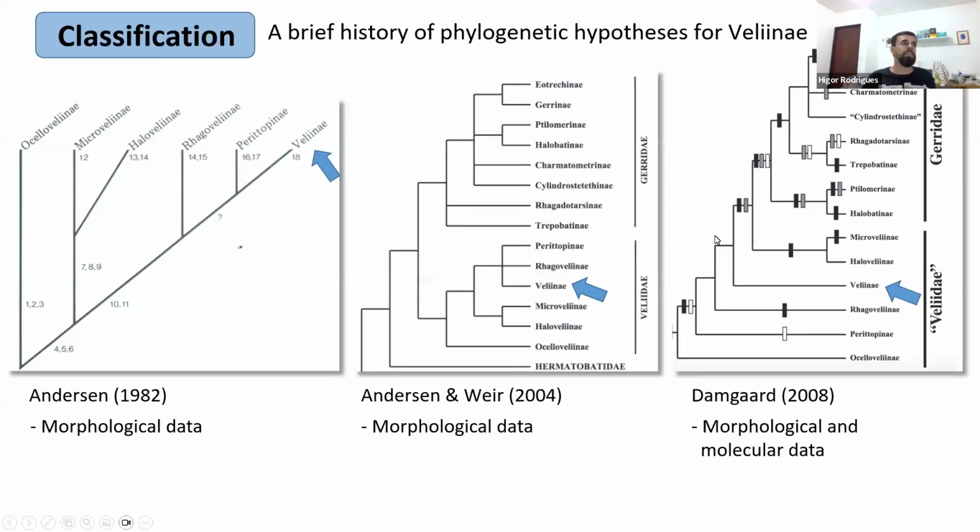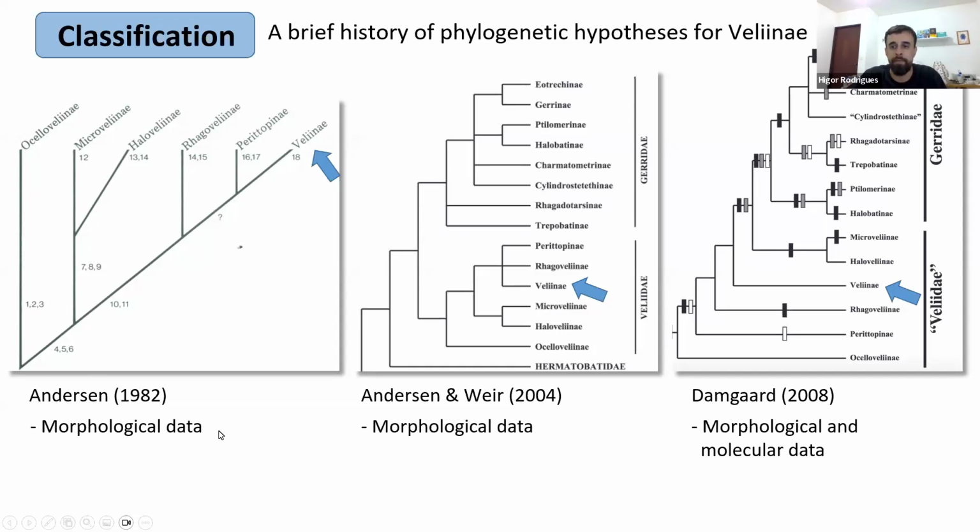Here I present a brief history of the phylogenetic hypotheses for the subfamily Veliinae. I begin with the classic study by Anderson from 1982, who proposed a hypothesis based on morphology, which was the phylogenetic basis for the next 20 years.